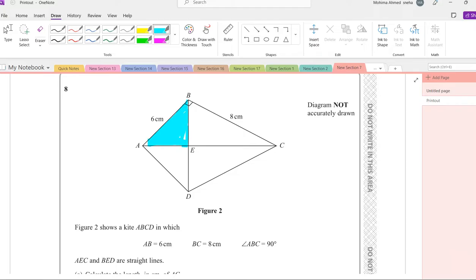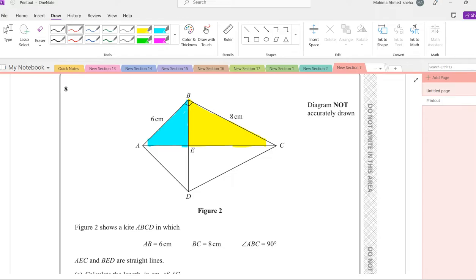So this is triangle ABE and the other triangle is BEC, that is this portion of the triangle. So we need to prove that the triangles ABE and BCE are both similar triangles.